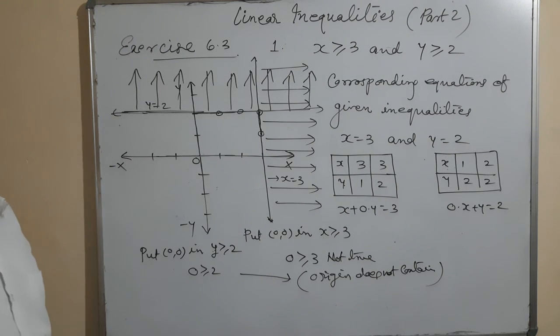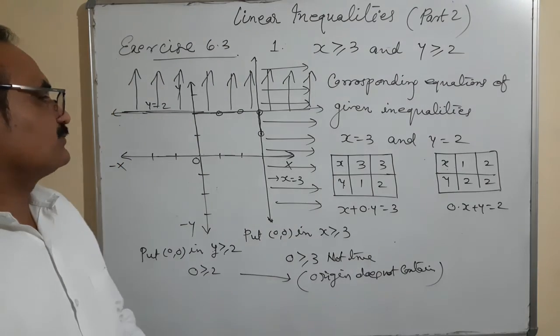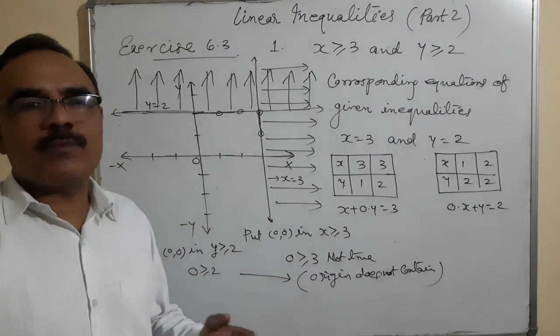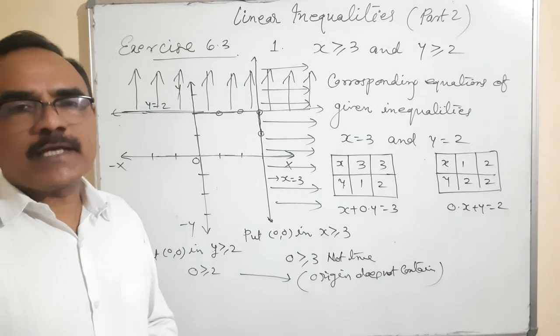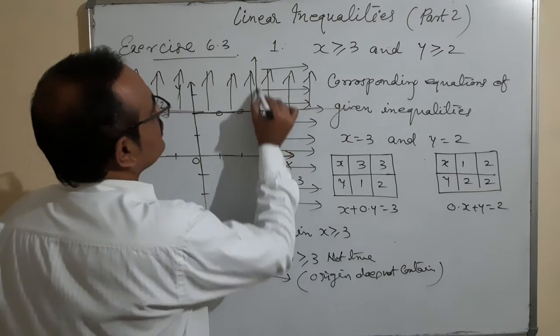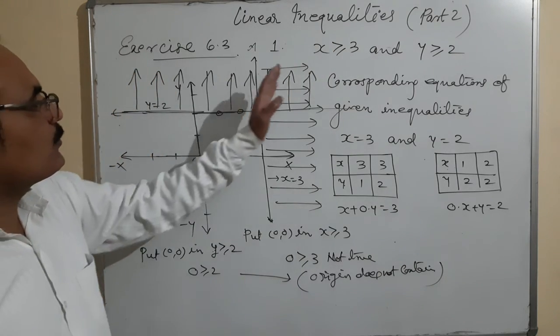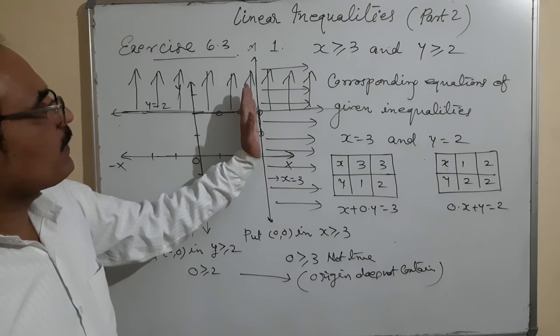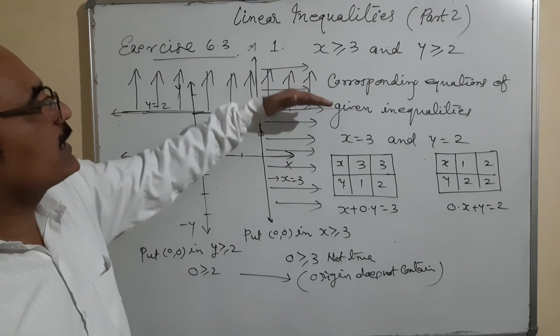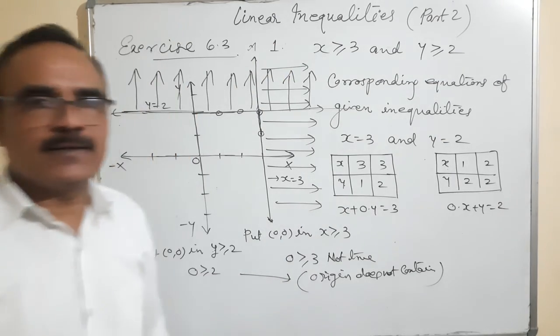Okay. So this is the graphical representation, and if in the question it is asked what is the common portion for both inequalities, this portion will be the common portion for both inequalities. So common portion is what to write here? Here x is greater than 3 and y is greater than 2. So this portion will be the common portion. Okay, clear?